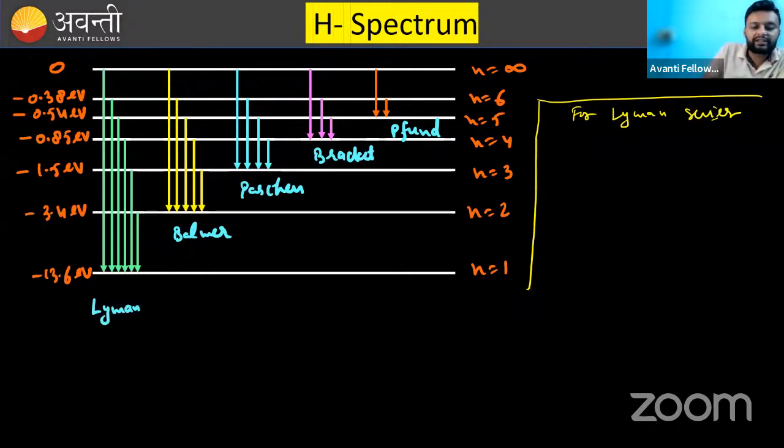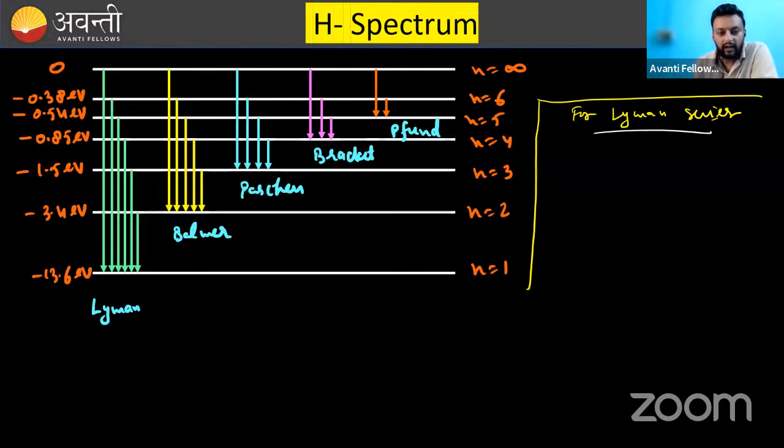There is one more question that generally can be asked. There are two wavelengths that they ask. One is shortest wavelength, another is longest wavelength in a transition or in a series. Listen to my words. The question may ask you longest wavelength of a transition and shortest wavelength of a transition.